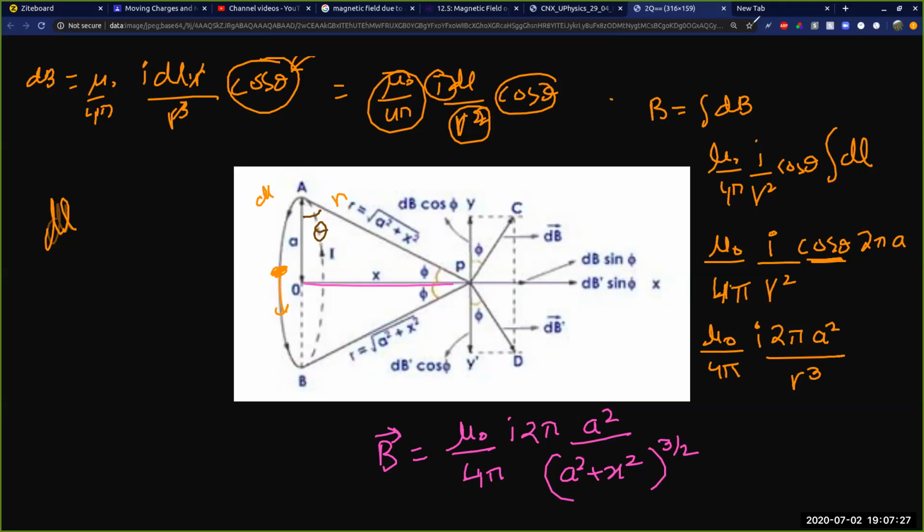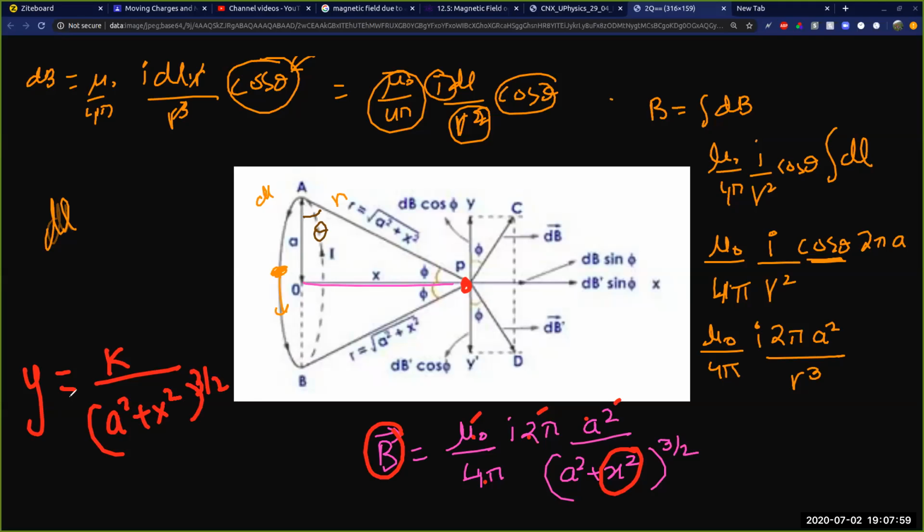So see this, what is this? This is B. What is the strength of the magnetic field as a function of x? You understood this, everyone? All the other things are constant, right? So I can write this as y is equal to some constant. Mu naught pi a square, some K, divided by a square plus x square raised to 3 by 2.